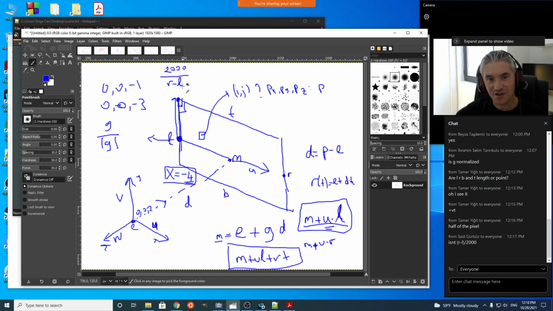The entire width is R minus L. Thank you for the correction. So dividing by 2000, I have 2000 pixels, so this is 1 pixel width, and if you multiply it again by 1/2, that will give you half pixel width. In which direction do you have to go half pixel width so that you move to this point here? Again, you have to go in the u direction, right? We are also going to multiply.